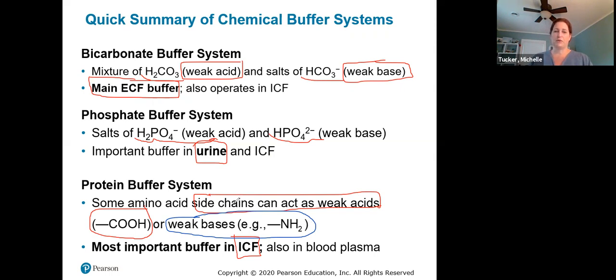So you do need to know which side chain is a weak acid, which side chain is a weak base, and how they work. That the amino group is a proton acceptor. The carboxyl group is a proton or hydrogen donor, which is the definition of an acid and a base.